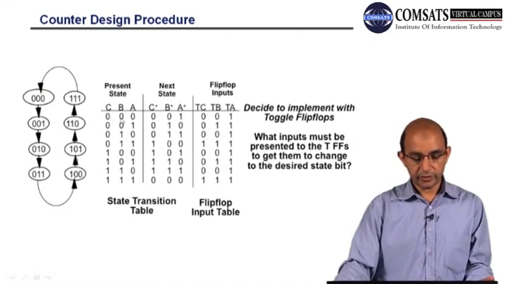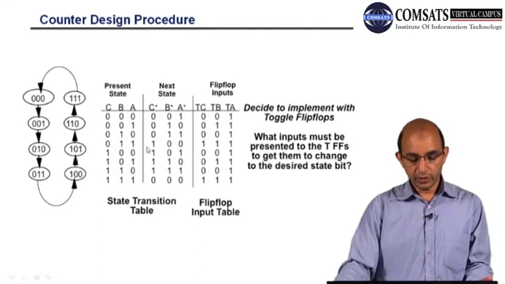Here 0 0 0, so obviously the next state is 0 0 1, so this has to move here. Then we have the next state 0 1 0, this next state will go here, and then we have the next state. So this will go like this.